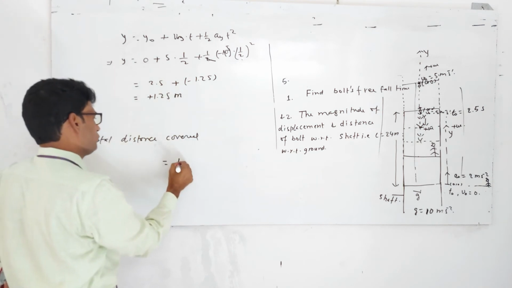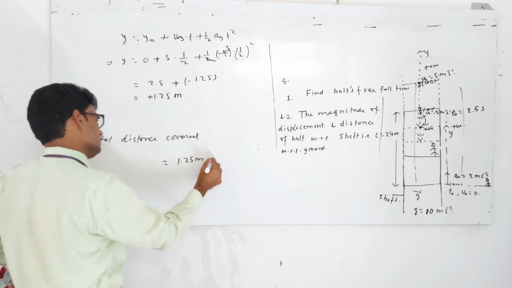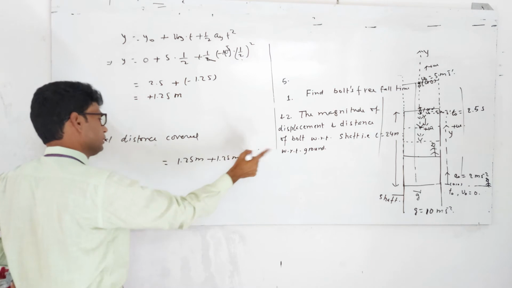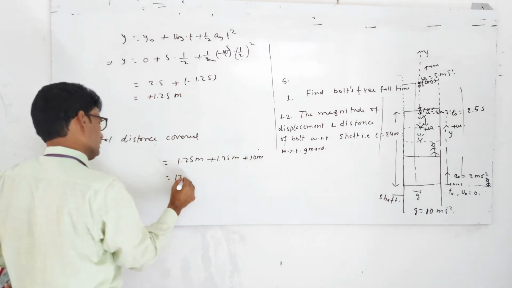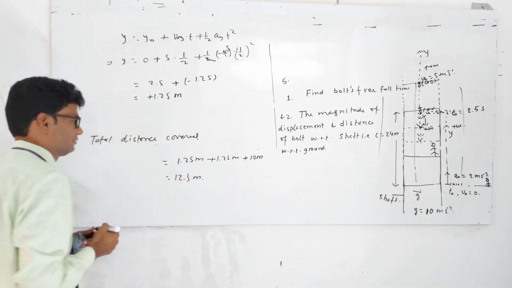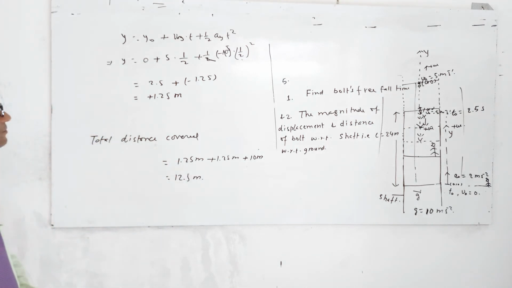So here 1.25 meter plus 1.25 meter total path length plus 10 meter. So this is the 12.5 meter. 12.5 meter.